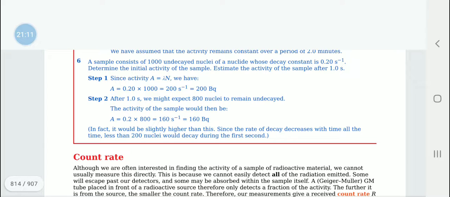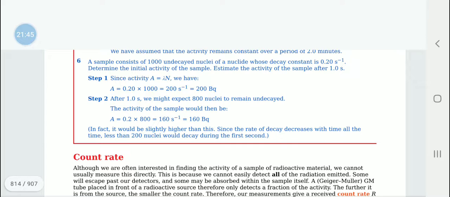The decay constant has been given as 0.20 per second, multiplied by N, the number of undecayed nuclei, that is 1000. So we have 200 becquerel as the answer. The activity is going to be 200 becquerel.